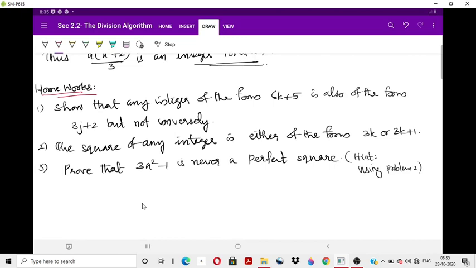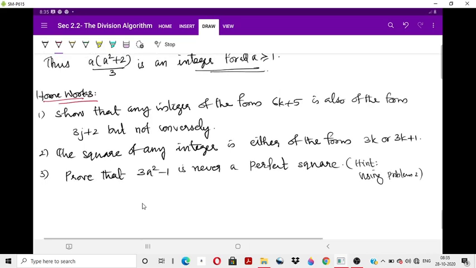Next, prove that 3a square minus 1 is never a perfect square. We have to prove that an integer of the form 3a square minus 1 cannot be written as some integer square. In order to prove this result, first we need to prove the second one, so that the third result will be proved as a continuation of the second.